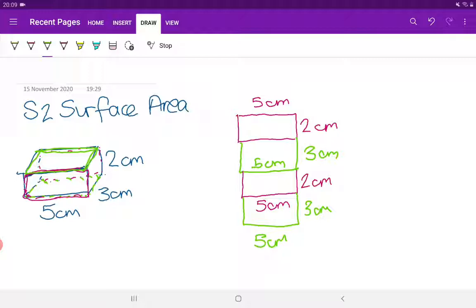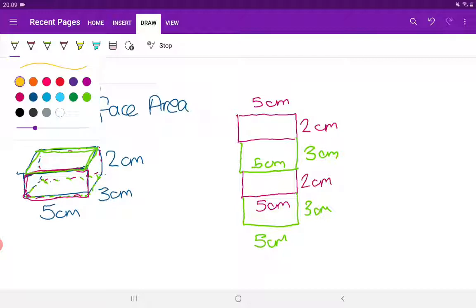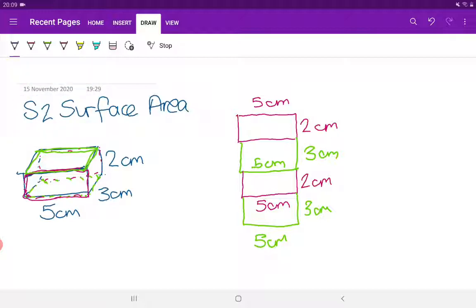If you think about it, a cuboid's got 6 faces. At the moment, we've only got 4 rectangles. What we're missing, folks, and let's pick a slightly different colour for this, it's going to stand out, let's go for this bright purple bit. Okay, so the 2 bits at the end here, this one here and this one here, I think about them as the sides of the cuboid.